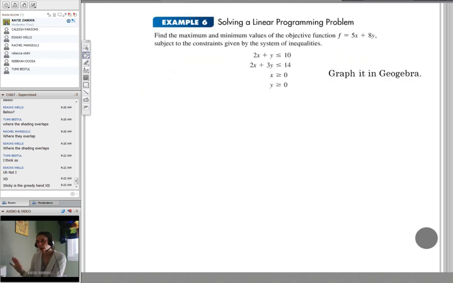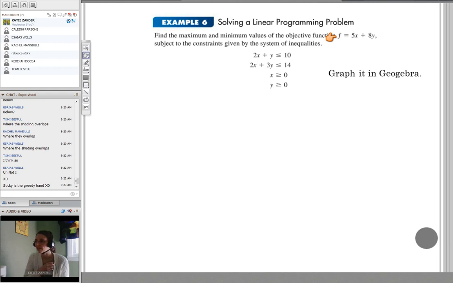We're going to start out with an example that is not a story problem, but they lay it all out for us. It says find the maximum and minimum values of the objective function. Really nice of them, they actually give us the objective function. In the story problems we're looking at, we have to come up with the objective function.